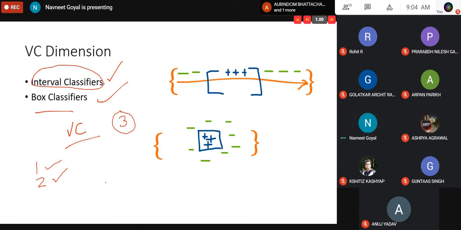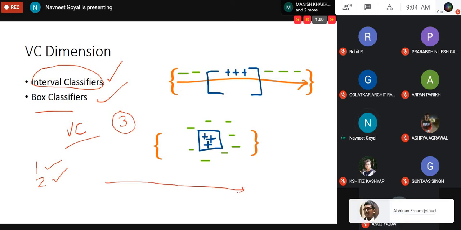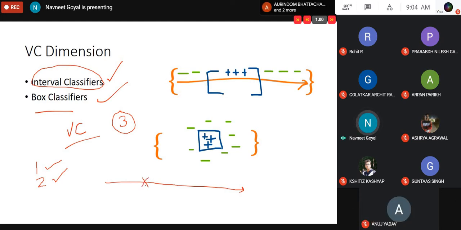Let me draw some points here. So suppose these are 3 points. If I label all of them as positives, do we have a solution? Yes.